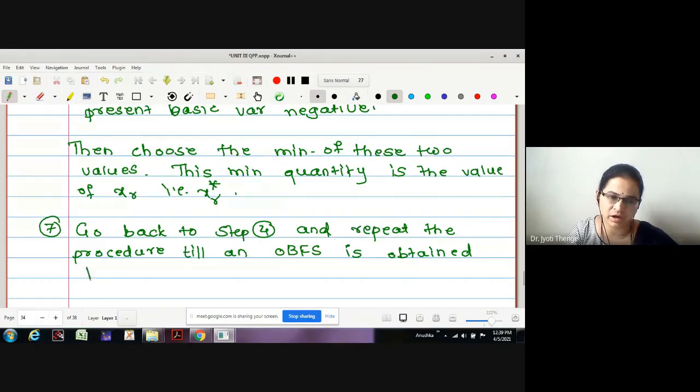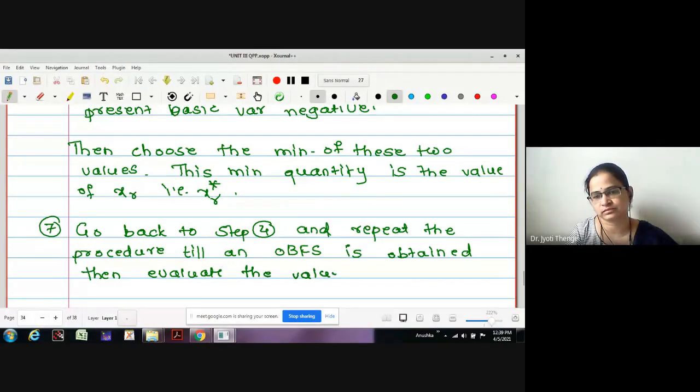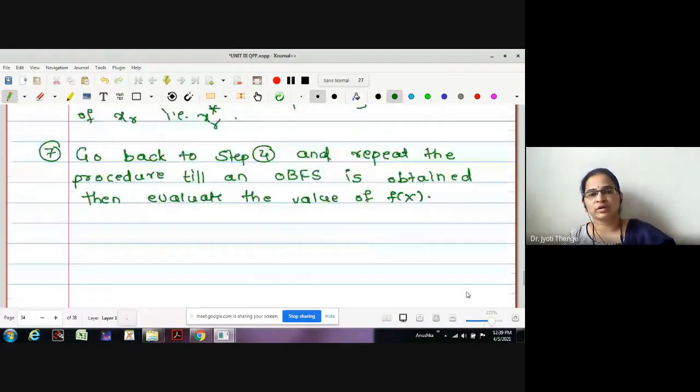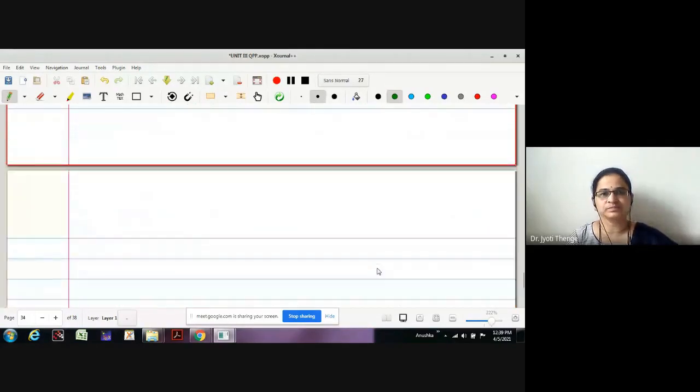And then evaluate the value of f(x). This is what the algorithm is. The algorithm is very easy.